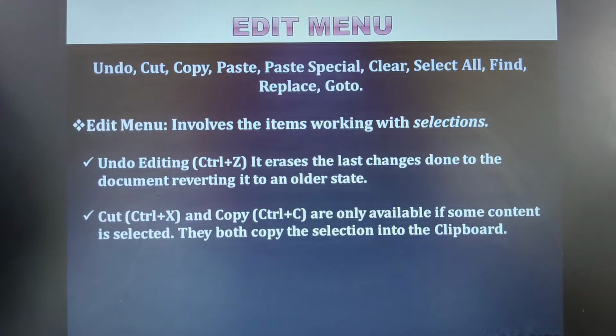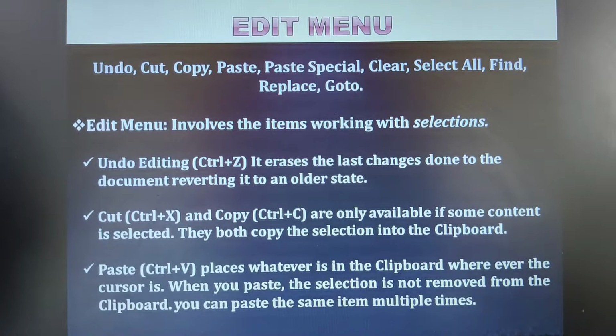Next we have the option paste. As I said, the very recent content will be stored in the clipboard. Wherever you place the cursor, if you perform the paste option, that is Ctrl plus V, irrespective of how many times you would like to paste, the recent content that is there in the clipboard will be pasted n number of times.